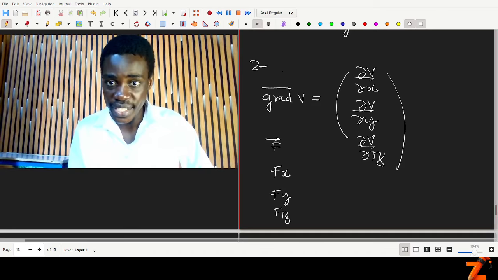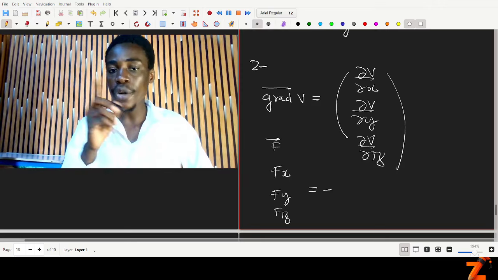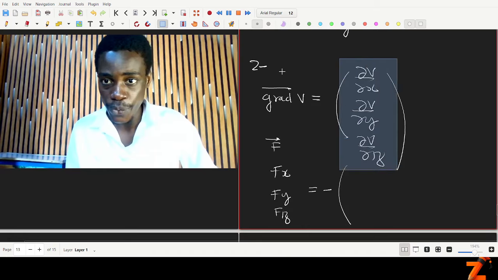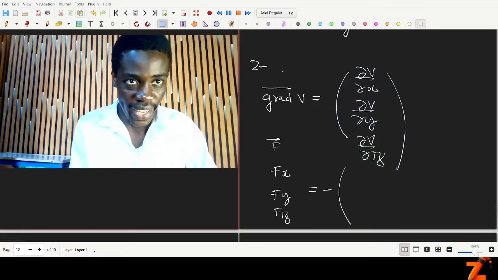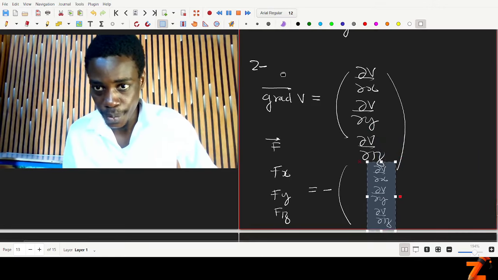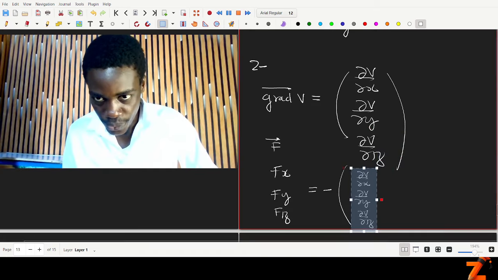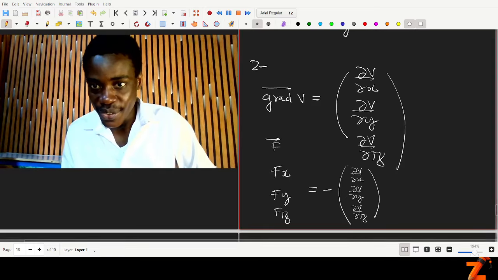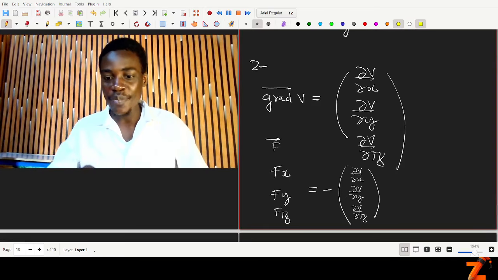This vector is equal to negative gradient of v, so negative the expression above. So I copy and paste it here. The most beautiful invention in the world, copy and paste.